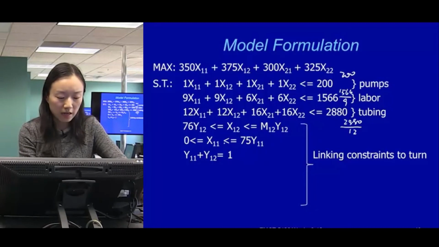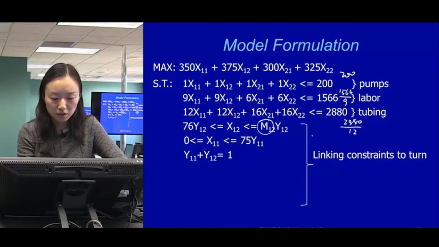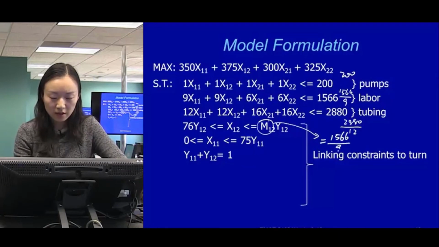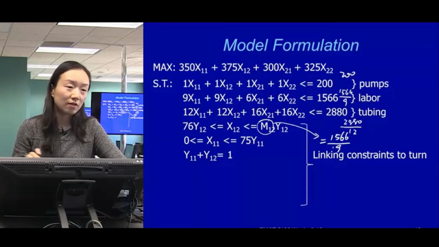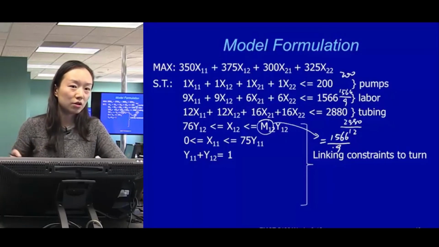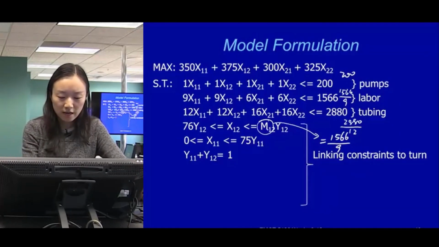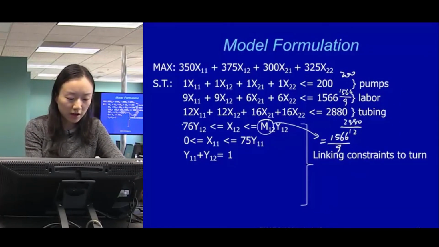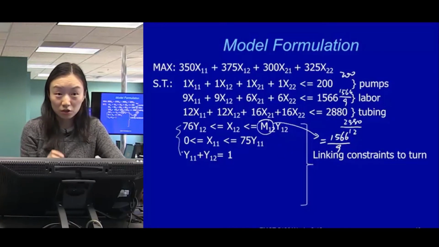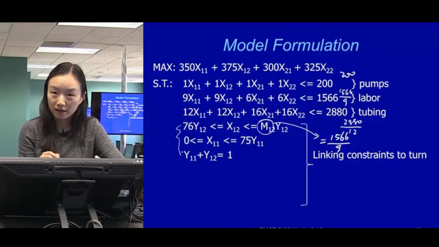And this M should be the minimum between these two. So this will be equal to 1566 divided by 9. And this time we don't need to subtract 75, right? Because the x represents the total number you produce. It's not starting from the 6th unit. So this M will be this value, and you have these three constraints to establish the relationship between x11 and x12.